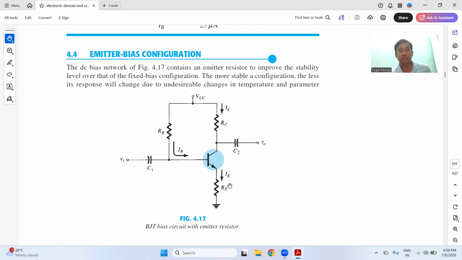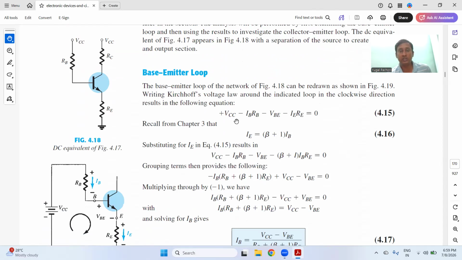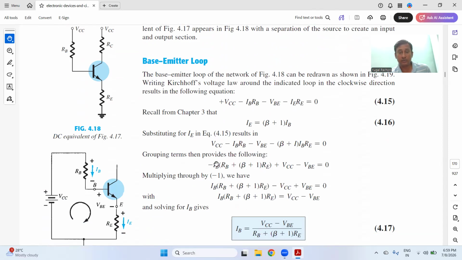So there is an extra term that is IERE. And from this side, VCC is equal to IBRB plus VBE plus IERE. And the other equation will be VCC.